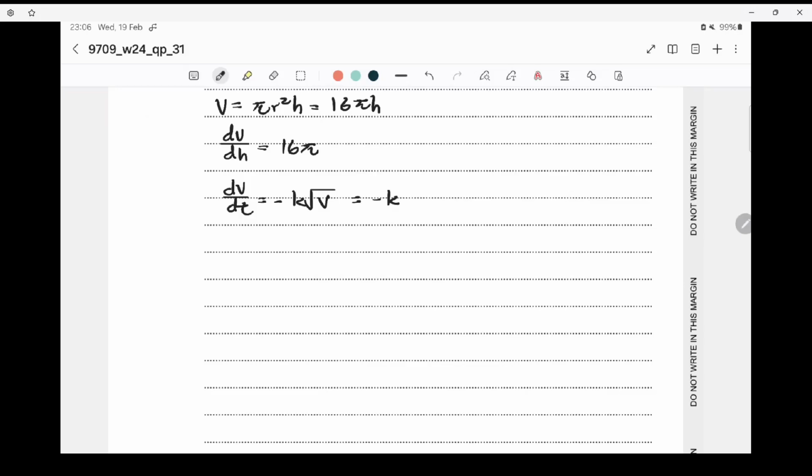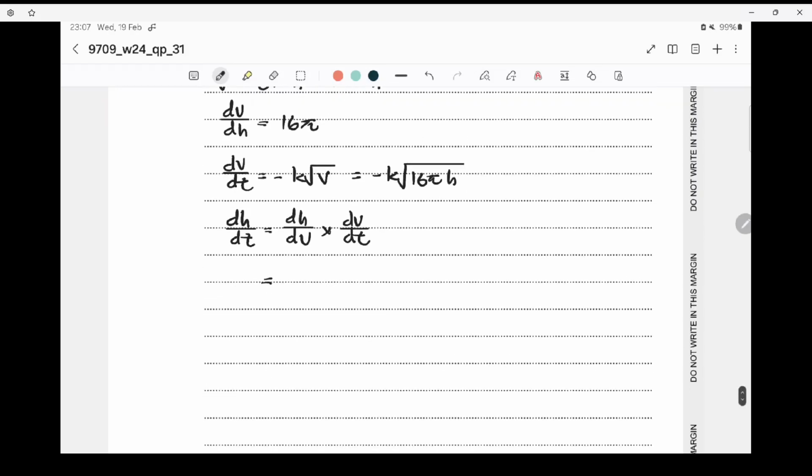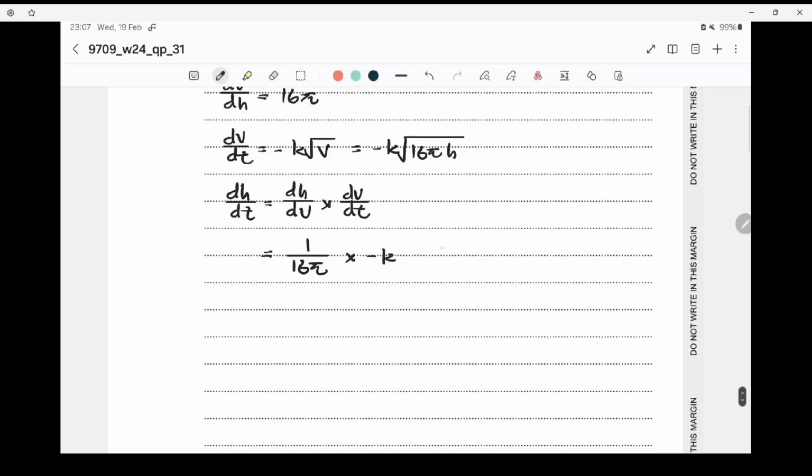V is 16 pi h. So dh over dt will be dh over dV times dV over dt. dh over dV will be 1 over 16 pi.